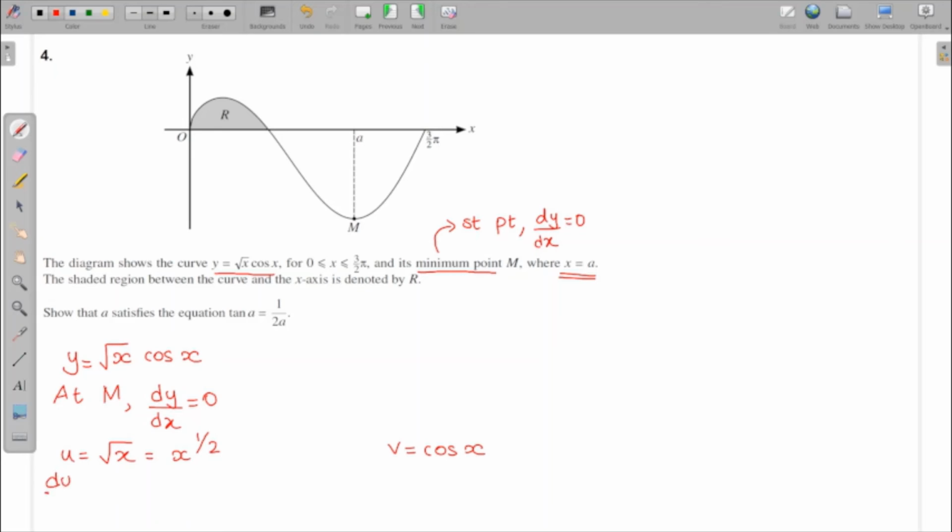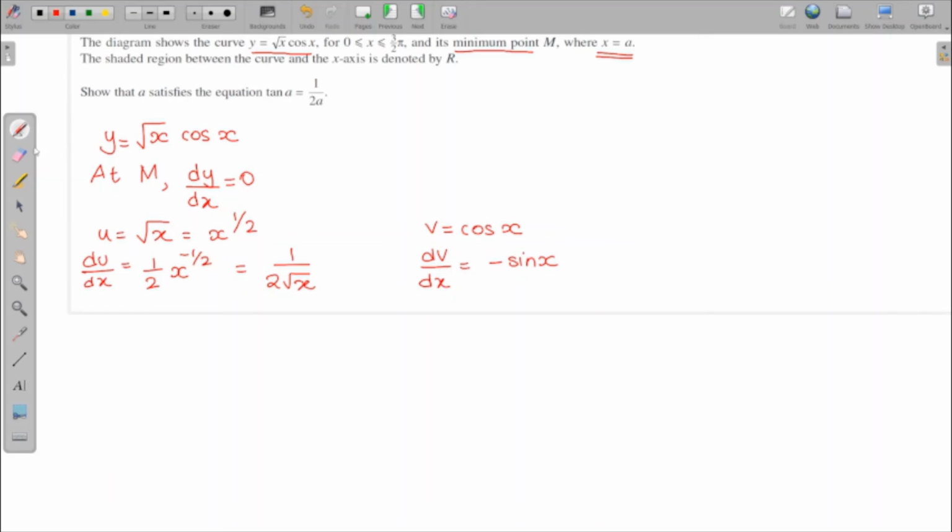So if I want to find out du by dx, that will be half x to the power minus half, and this can also be written like this, 1 by 2 root x, and when I differentiate v, this will be equal to minus sin x. So now let's apply the product rule. To find out dy by dx, the product rule is again u dv by dx plus v du by dx.